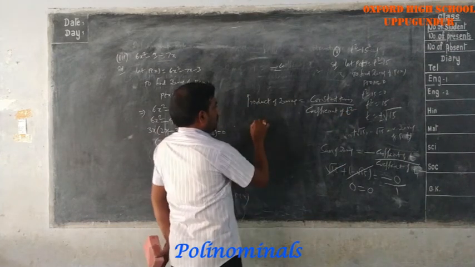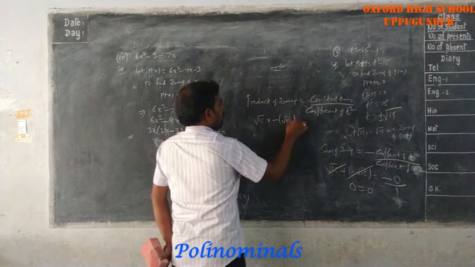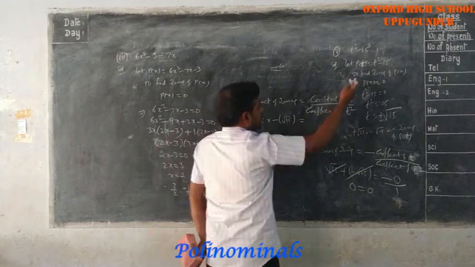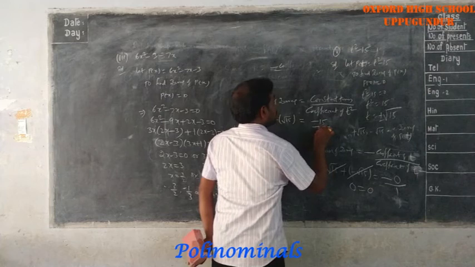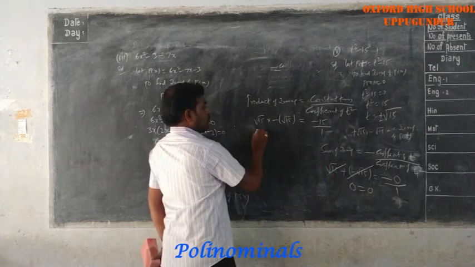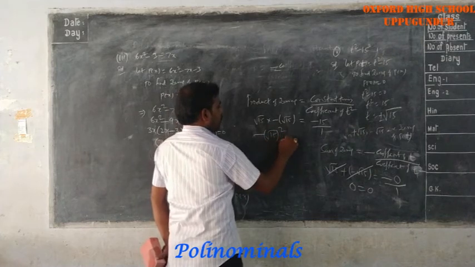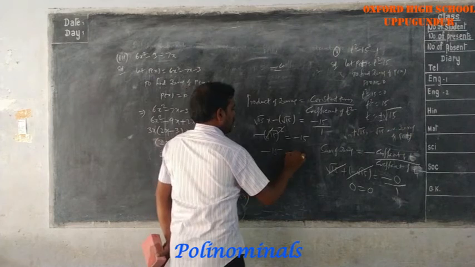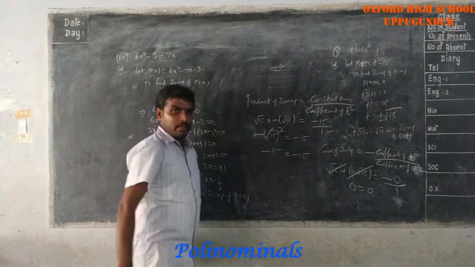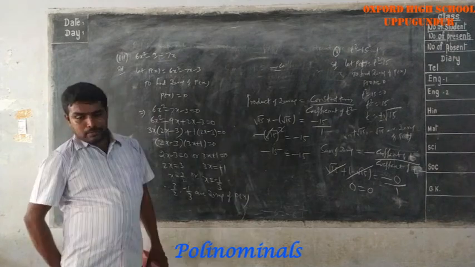So product of zeros equal to root 15 into minus root 15 equal to, what is the constant? Minus 15 by coefficient of t square 1. So minus root 15 into root 15, root 15 whole square equal to minus 15. Square root cancel, minus 15 equal to minus 15. So in this way we can do this problem.